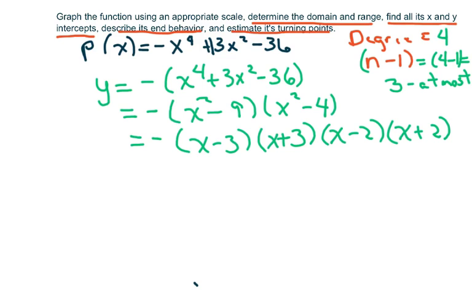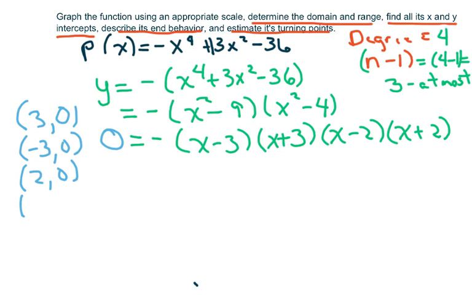So my x-intercepts, and I'll put them over here, when I set y to 0, is going to be 3, comma 0, negative 3, comma 0, 2, comma 0, and negative 2, comma 0. My y-intercept is just going to be this right here.